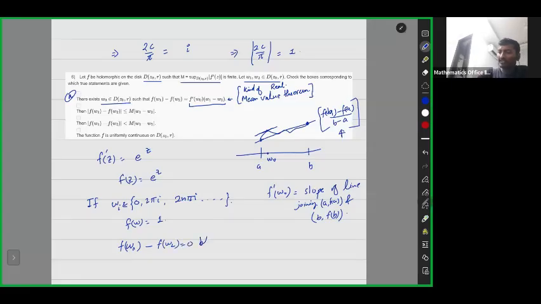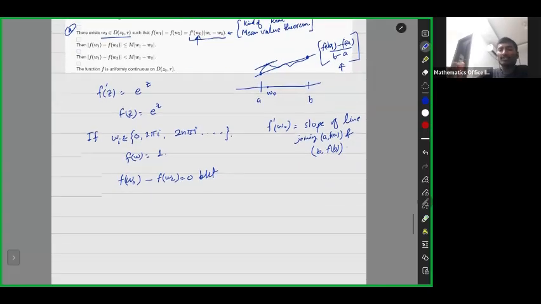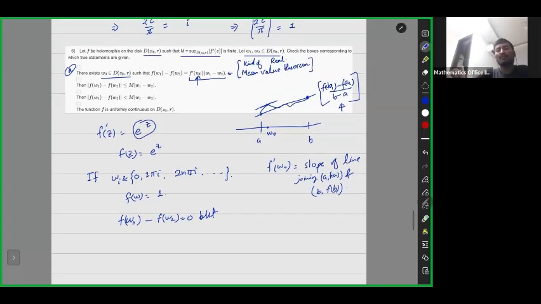But on the right side, f prime is always equal to some non-zero number, e power something, no? And w1 and w2 are different. So there does not exist any w naught such that this right side becomes 0.